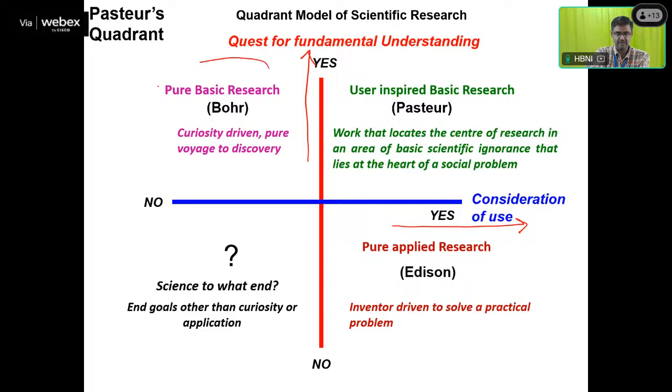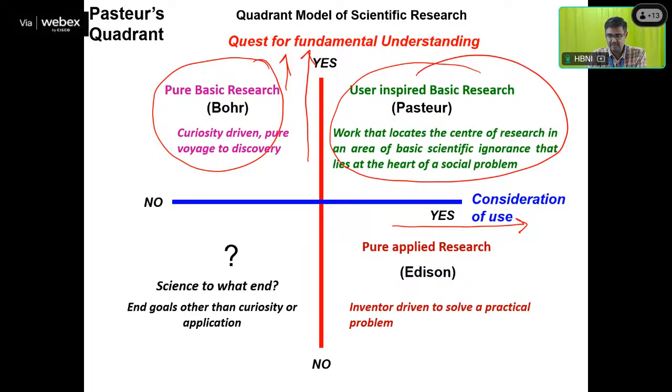The first quadrant is pure basic research, where there is only a quest for fundamental understanding and no consideration of use. The second quadrant, the Pasteur quadrant, is use-inspired basic research, which contains both consideration of use and fundamental understanding, addressing some use.